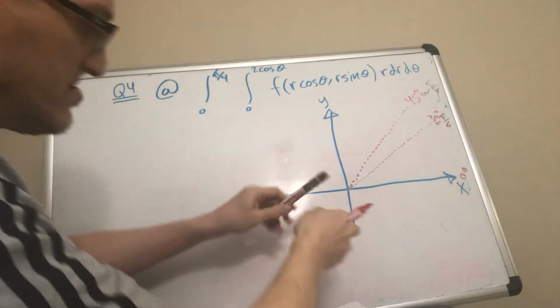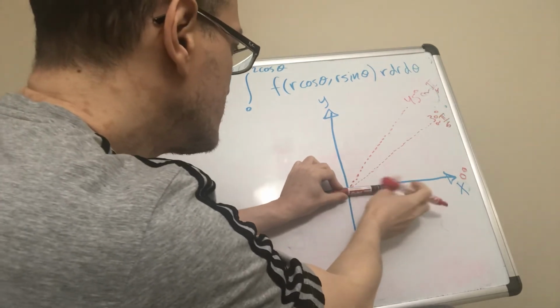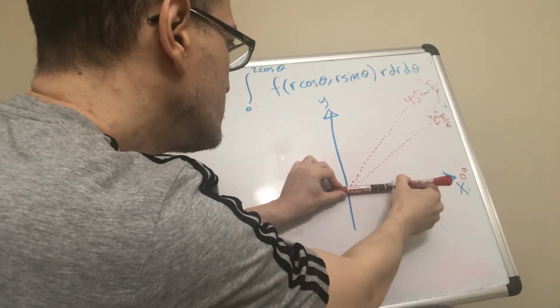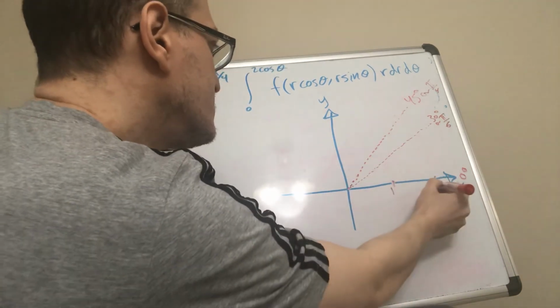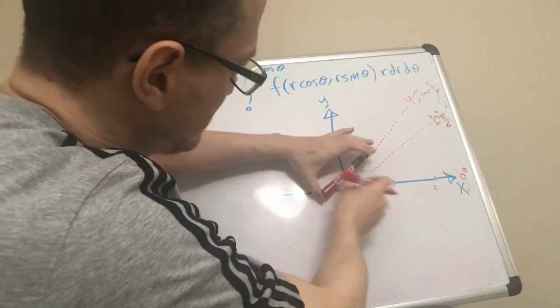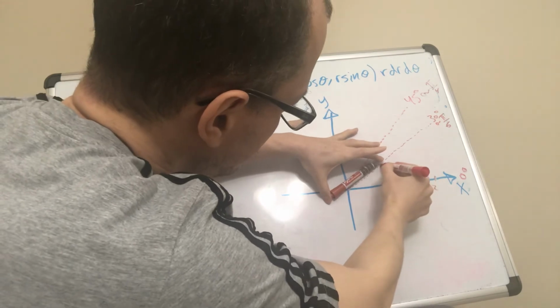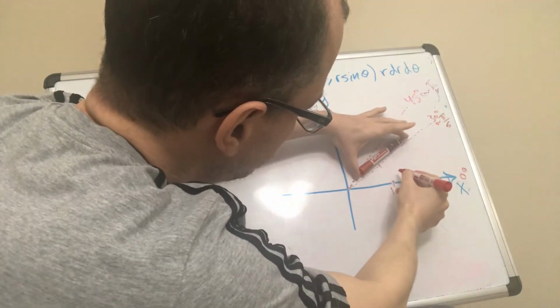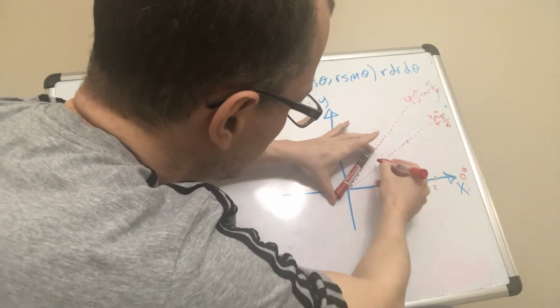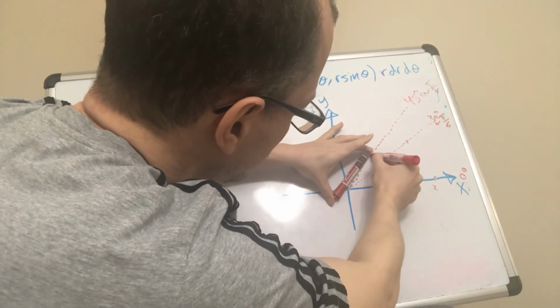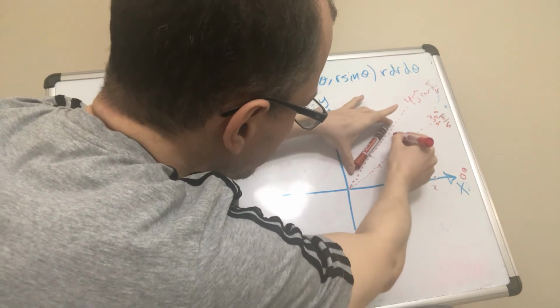I'm also going to divide this into 1, 2. This is the same. 1, 2. And this is the same. 1, 2.